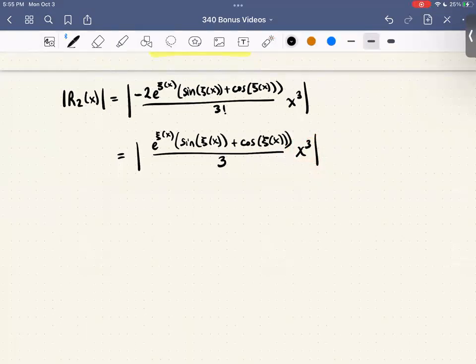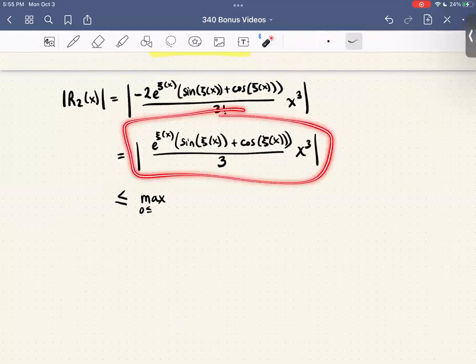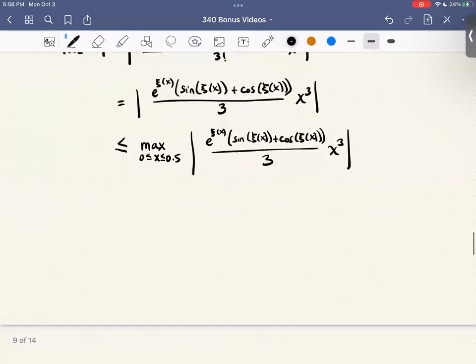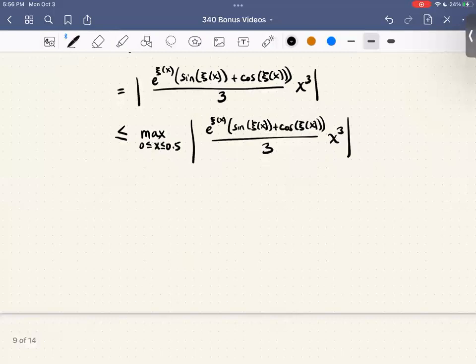So I really want to think about this: this expression is less than its maximum, so the max on this interval of this expression over 3 x cubed. I'm going to write this out in a couple steps so you can see why I'm doing what I'm about to do. You could just go straight into trying to bound this. That's totally fine.